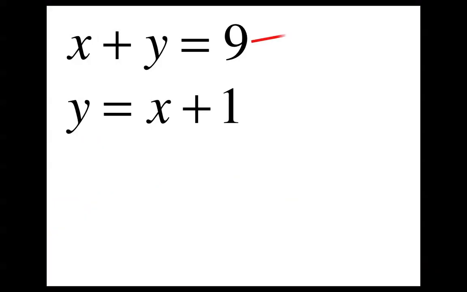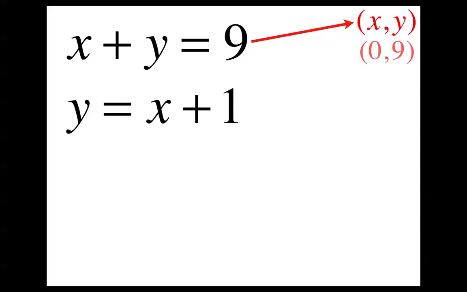Now what if we had to actually figure out what x and y equal here? Well, I could take the first equation, and I could figure out some ideas of what x might be and what y might be. For instance, maybe x is 0 and y is 9. Hopefully you understand the parentheses there. I'm just using that to give an example of what x and y might be. They might be 0 for x and 9 for y.